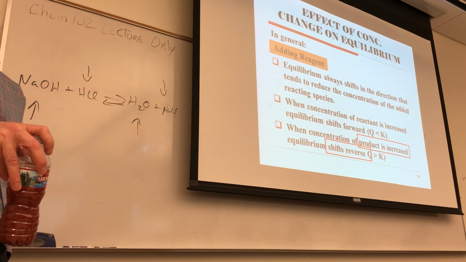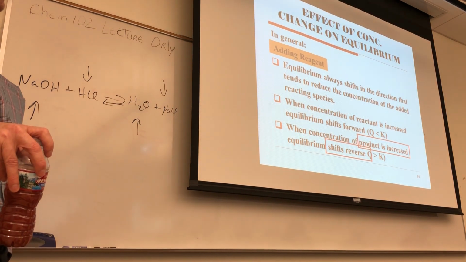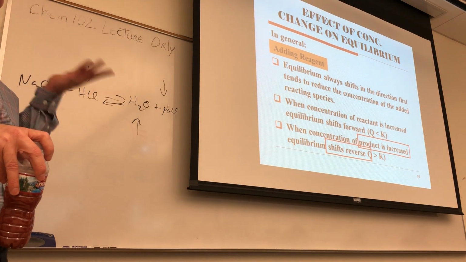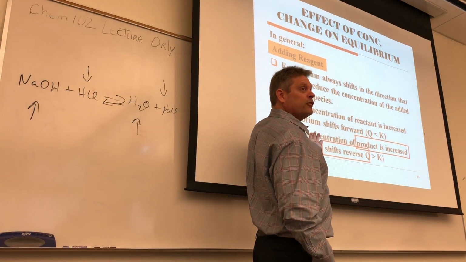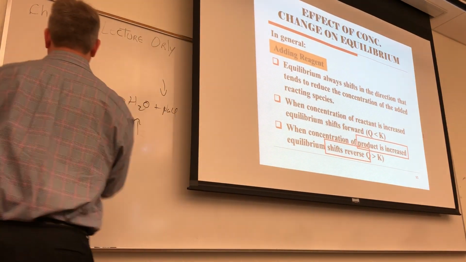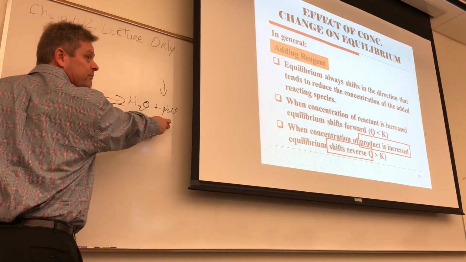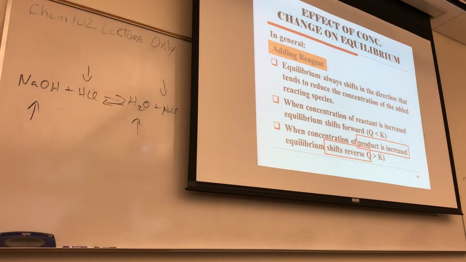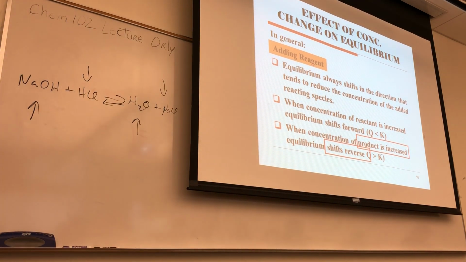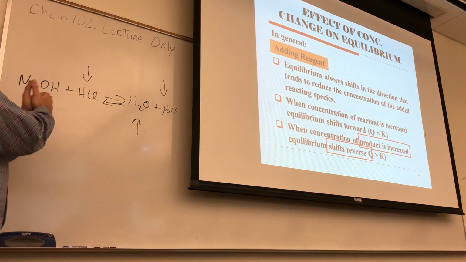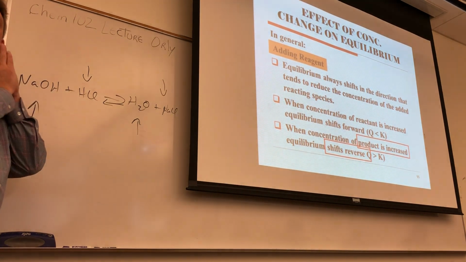From that, it would probably tell me which direction it would go if I couldn't figure that out just by looking at it. Okay. So if all these things didn't make any sense to you, just by looking at it, so if it did make sense to add more here, that I'm going to shift it this way, I could just put it all into the constant, find my reaction quotient, or my QC, and see where that is in comparison to the Kc if I knew the Kc.